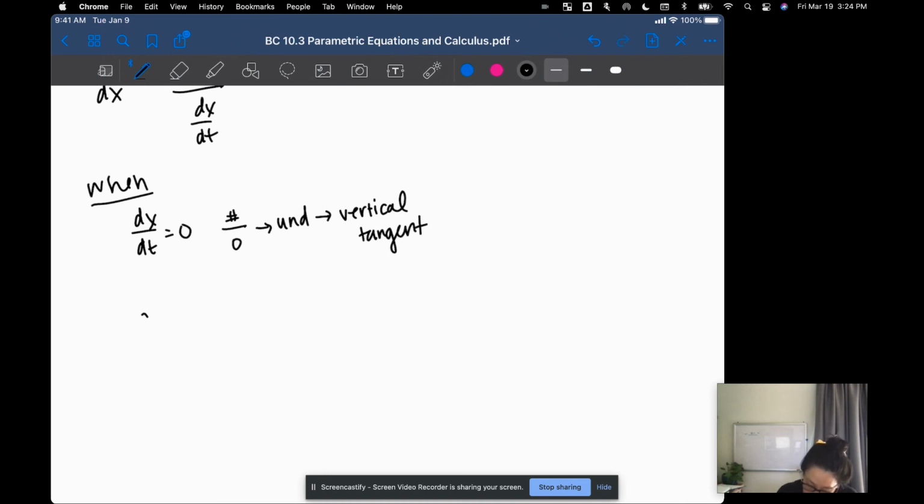Okay, dy/dt equal to 0 would give us 0 over some number, which just is equal to 0. So this means that you have a horizontal tangent.